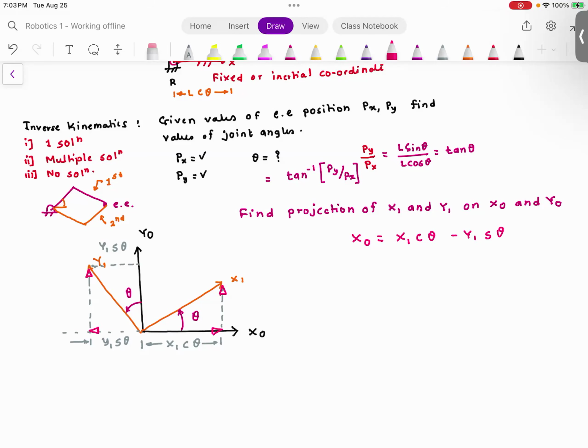Now let's look at the projection in the y direction. This projection is x1 sine theta and this projection is y1 cosine theta.